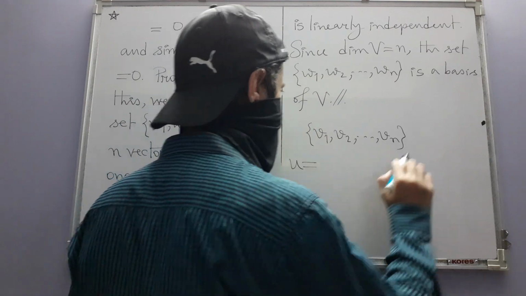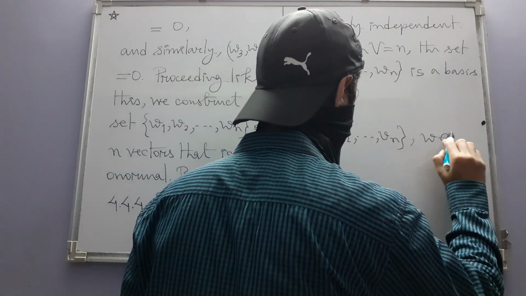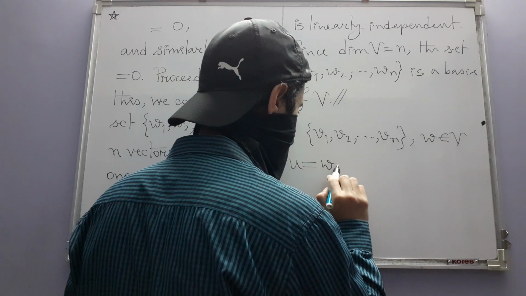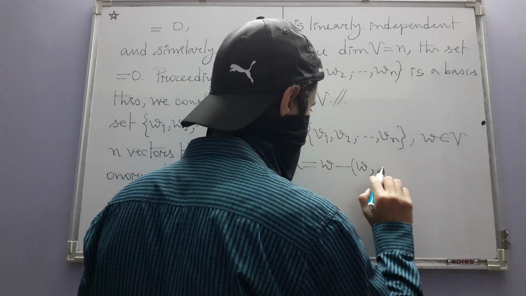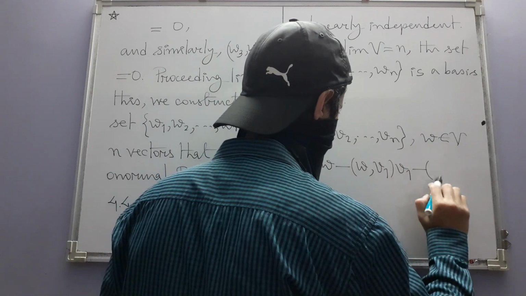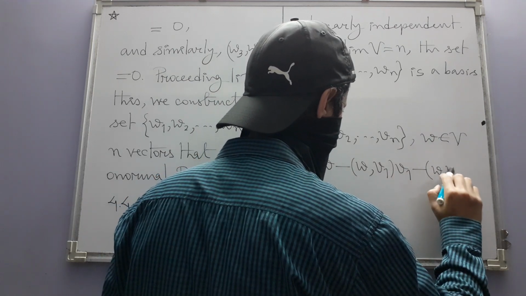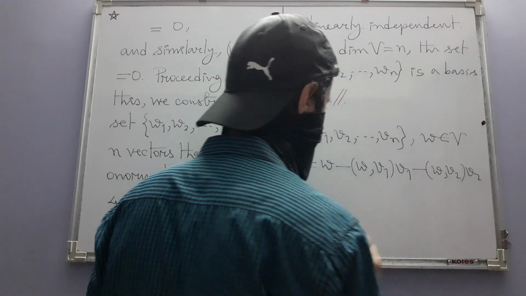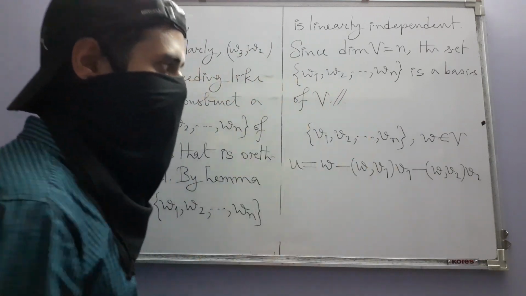Why is it that this vector is orthogonal to all the vi's?